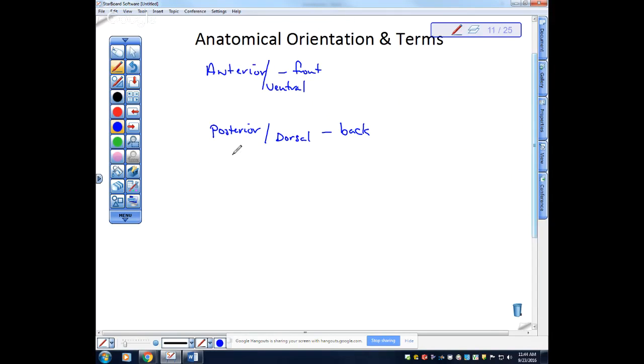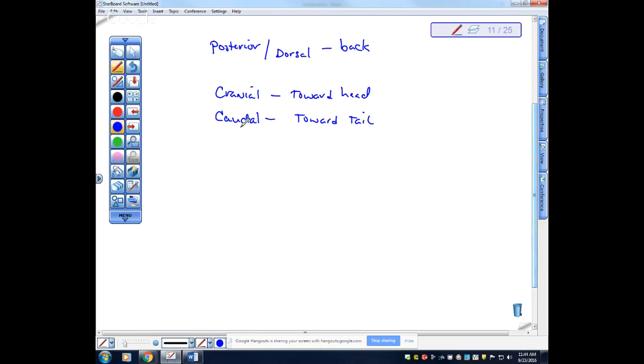We also have cranial. So that would be toward the head. And then towards the tail is caudal. Right? Towards the head, towards the tail. We also have terms like distal, which is further away from the center, and I'll give you an example of that in a second, and proximal, which is closer.